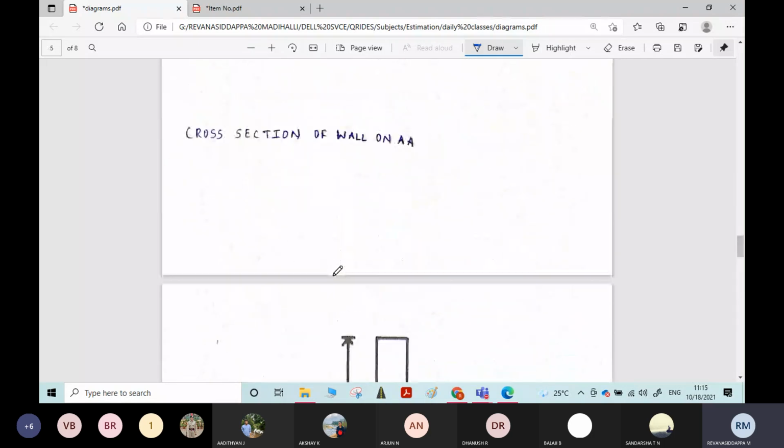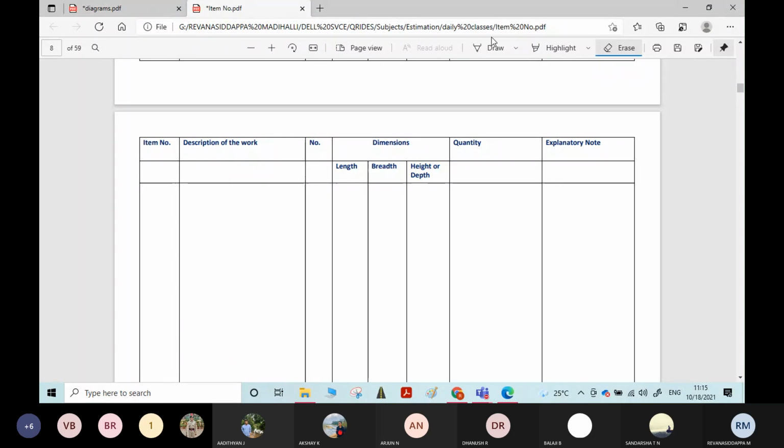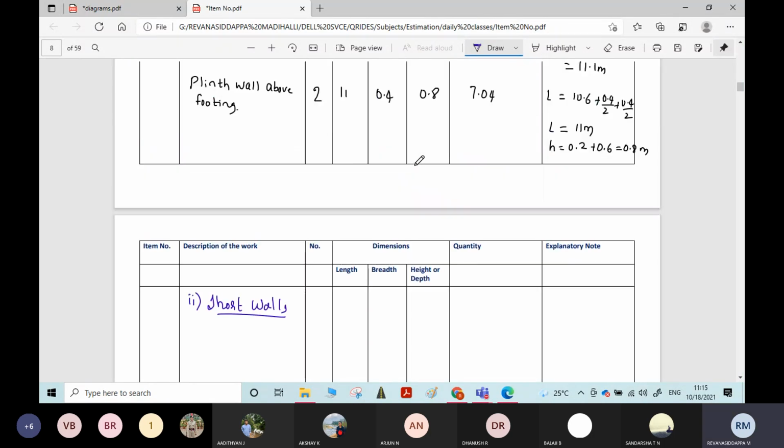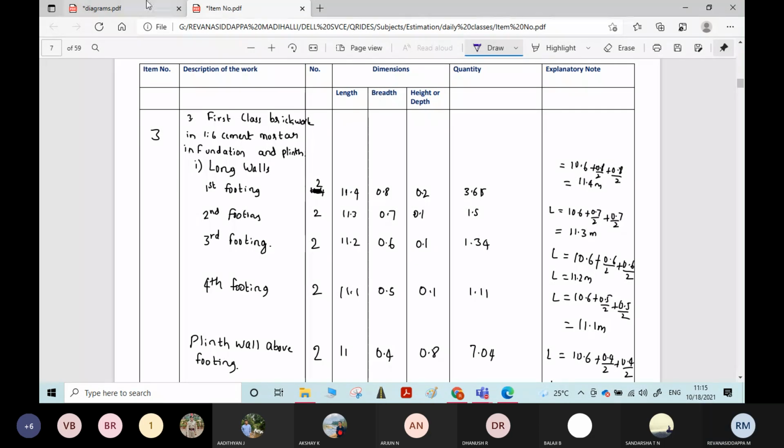Now we will do the same kind of calculation with respect to the short walls. Second one, short walls. Okay. Are you understanding, students? Now we have performed the calculation with respect to the two long walls.